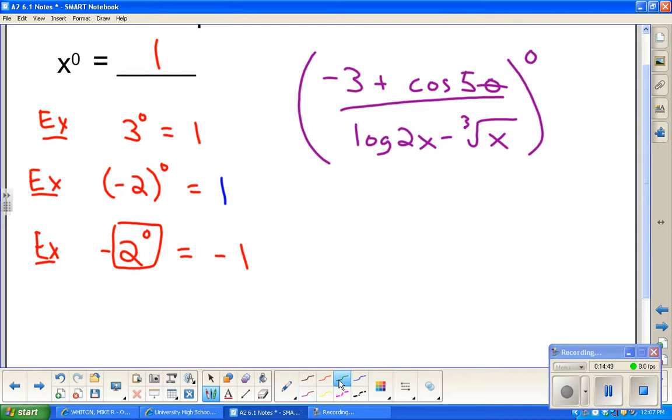Equals 1. If I put that on the test, it's going to take you 2 seconds and you're going to tell me the answer is 1. I'm using the rule. That's just something to the 0 power, isn't it? It just happens to be a crazy thing, but it's something to the 0 power. It's just there to show me that you know the rule.